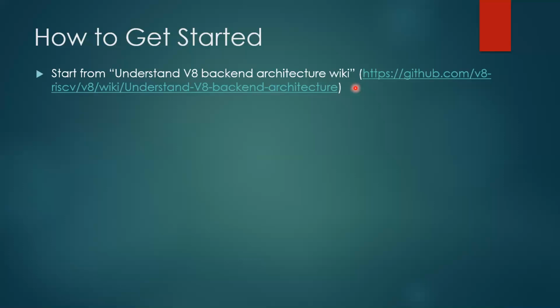I personally found it very helpful, as it gives us a global view of how V8 backends are structured and where the target specific things are. So start from there. I'm still revising it, but I felt it's so important that I just put the raw thing out there. So just ignore all the typos and stuff, but try to grasp the information there.